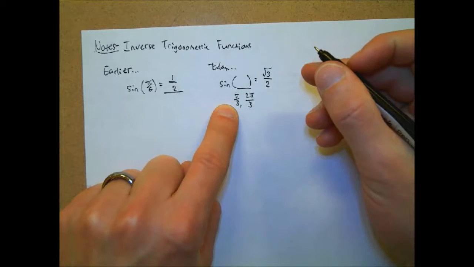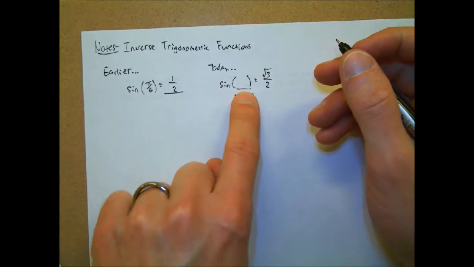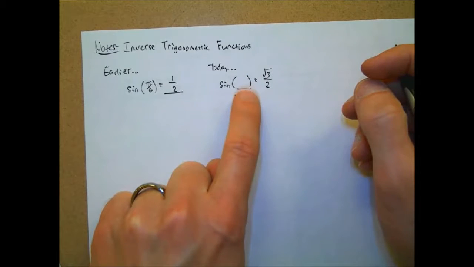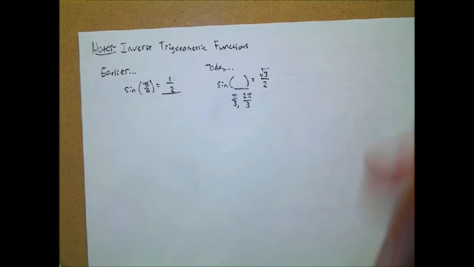So there's actually an infinite number of answers that exist here for this kind of question, which is weird, but it's only one y. So we have multiple x values that go to that single y value.